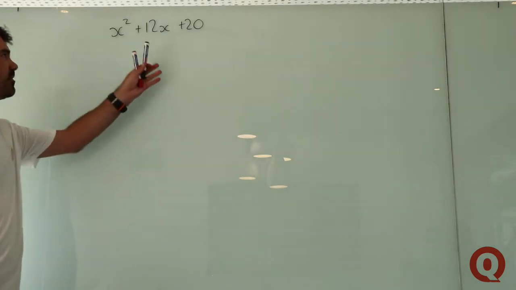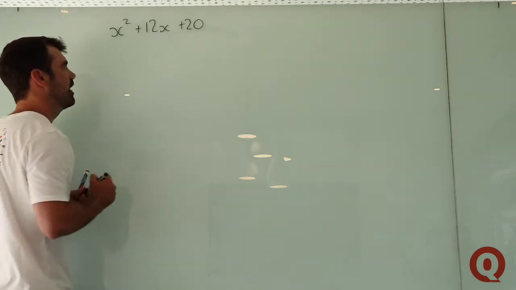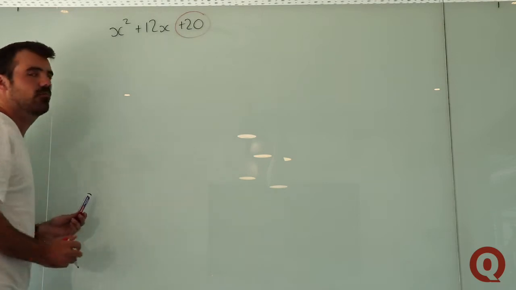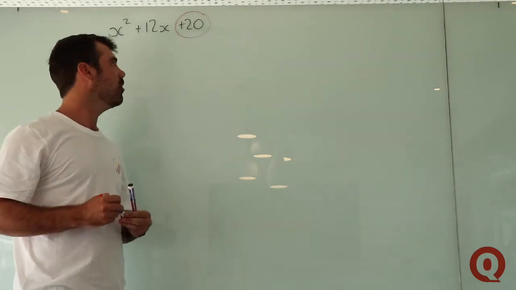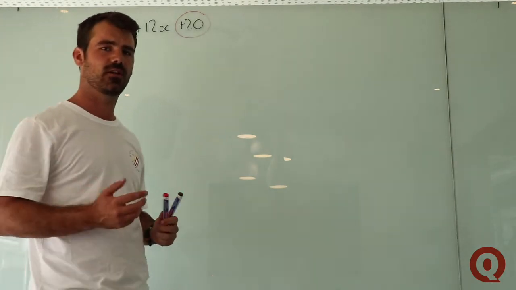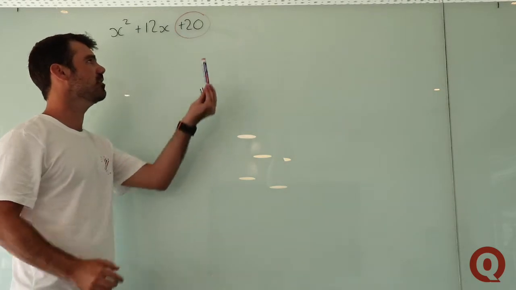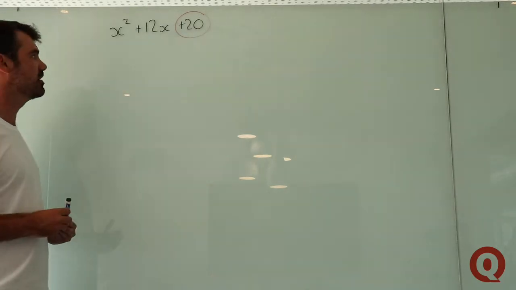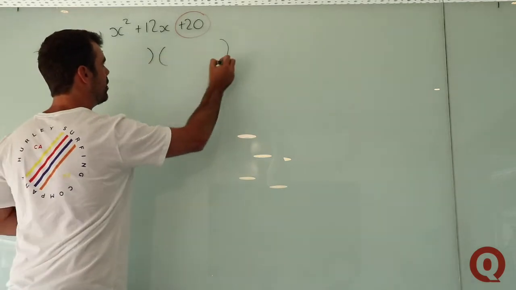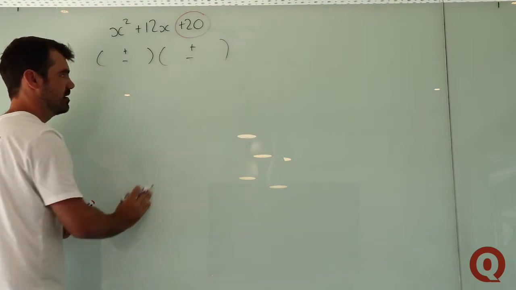Alright, so I just feel like we should re-establish what happens with this positive c. I feel like it could be something you're not really clued up on just yet. So what have I said when we have a positive c? Well, what I was trying to tell you was that if my last term, my constant term, constant being a term without any variables, if this c over here happens to be positive, what that means is when I open my two brackets, I know that both symbols are either going to be 2 pluses or 2 minuses.